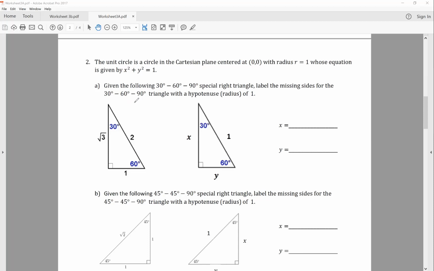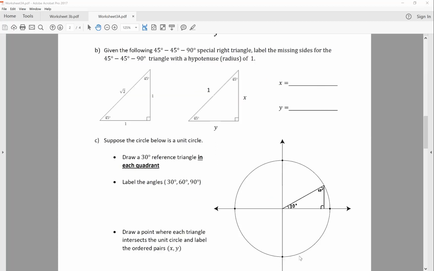I can turn this first triangle into a triangle inside the unit circle by dividing everything by 2. I'm just proportionately dividing everything by 2, which means that x is going to be equal to the square root of 3 over 2. Y is going to be equal to 1/2, because I multiply by 1/2.